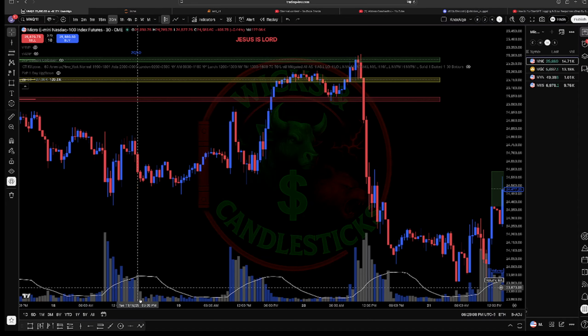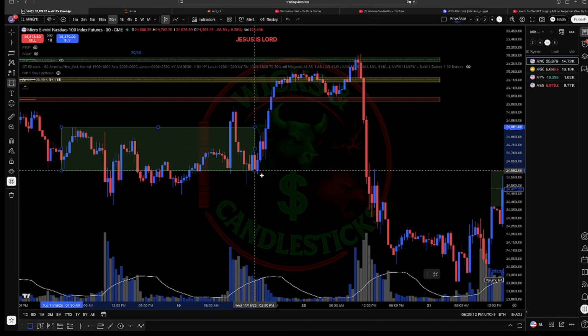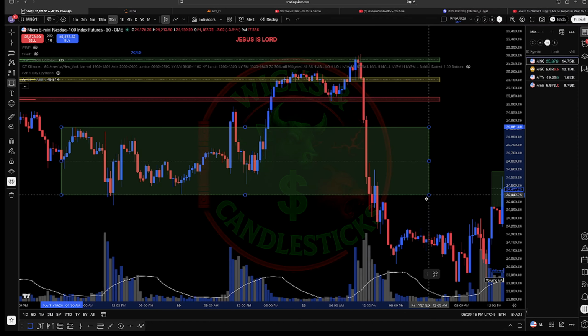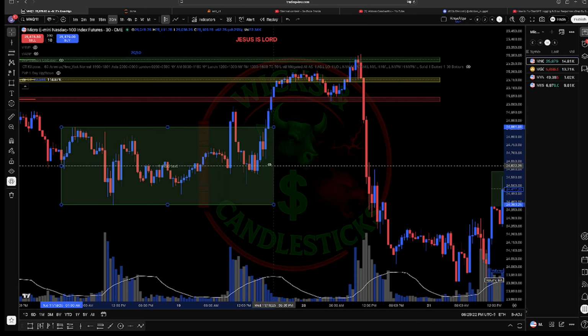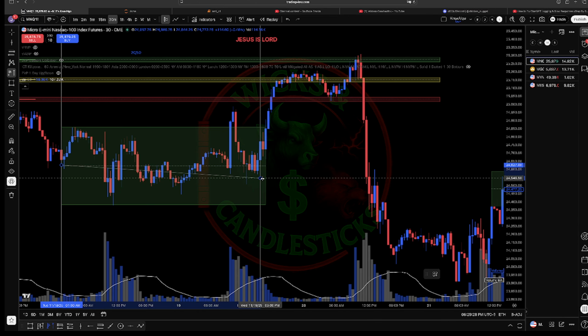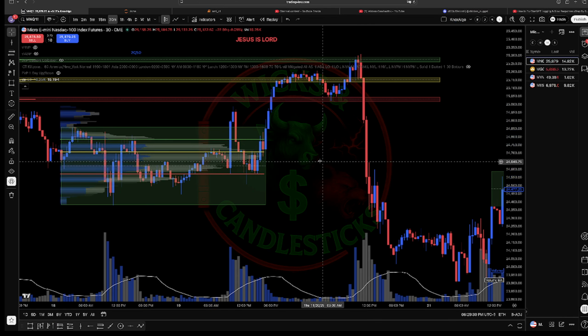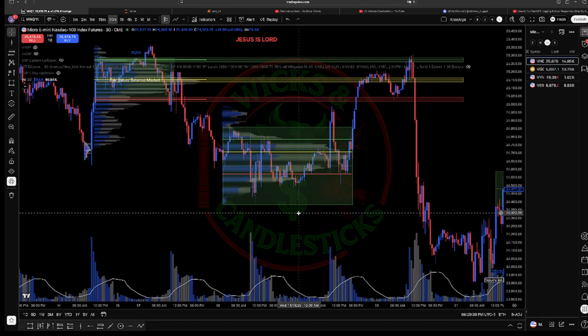So this whole entire area right here is what we would call a balance area. For an exit, I would use my fixed range, and my exit could have been here at this POC, or here at this value area low.